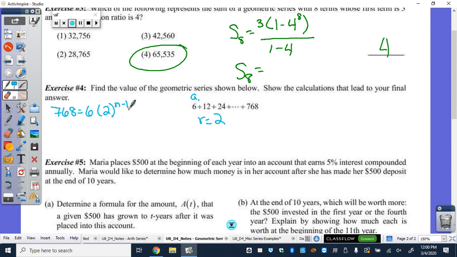So divide by 6. 768 divided by 6, what do we get? 128. Then we got 2 options here. We can do logs or 128. We can rewrite that as 2 to a power. What is that power?